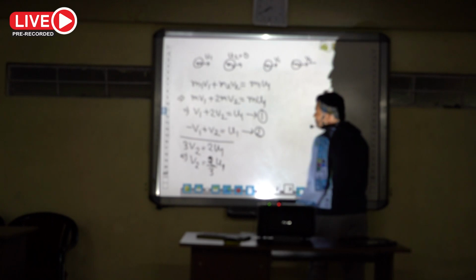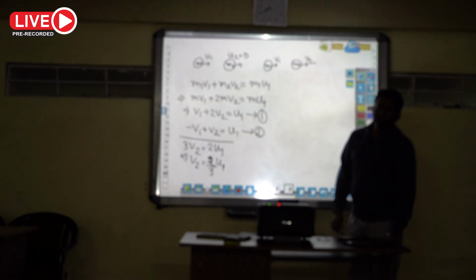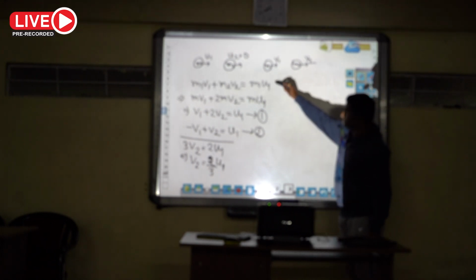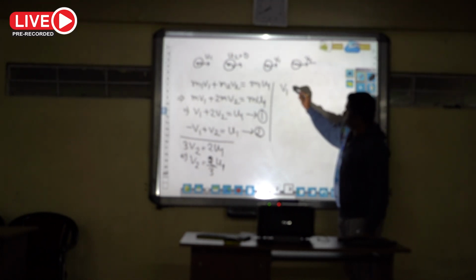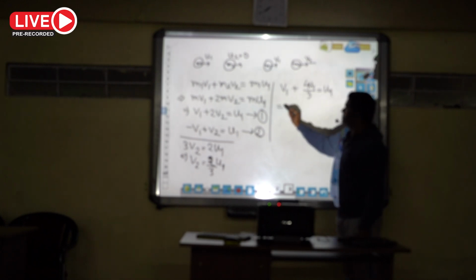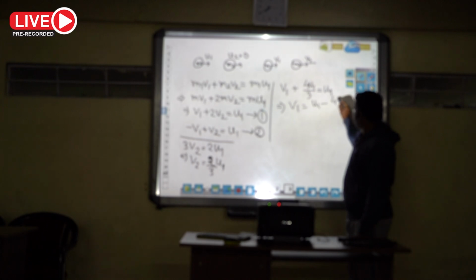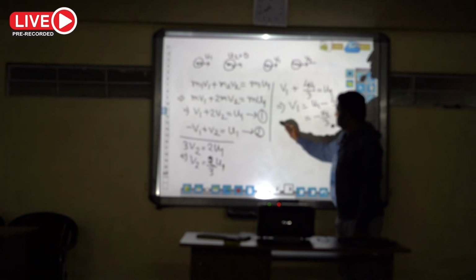Now if you substitute the value of v2 in any of these equations, you will get the value of v1. V1 plus 2v2 means 4u1 by 3. That is coming u1. So v1 equals u1 minus 4u1 by 3. So it is minus u1 by 3.